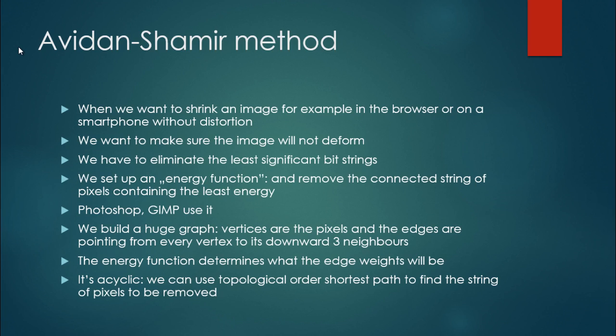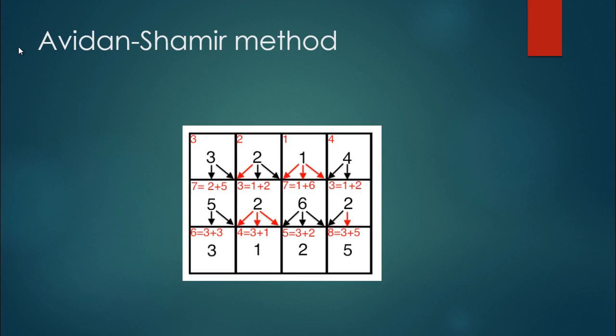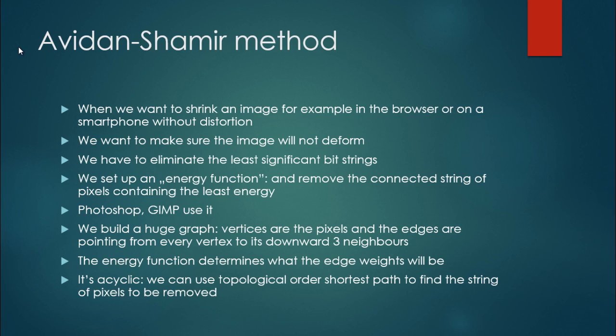So we build a huge graph. Vertices are the pixels and the edges point from every vertex to its three downward neighbors, like this, I'm going to show you. Of course, when the pixel is the leftmost or the rightmost, there will be no left child or right child, so we make these connections accordingly.